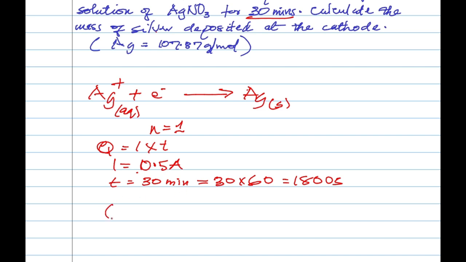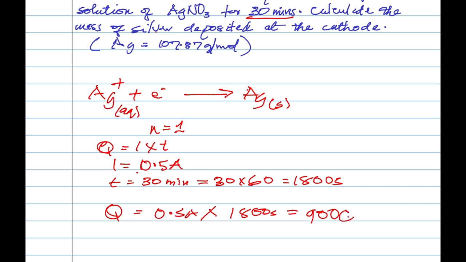So now we can calculate our Q. It's going to be 0.5 times 1800, that is 0.5 ampere and 1800 seconds. And then our final answer is going to be 900. Remember, the unit of quantity of electricity is coulomb.